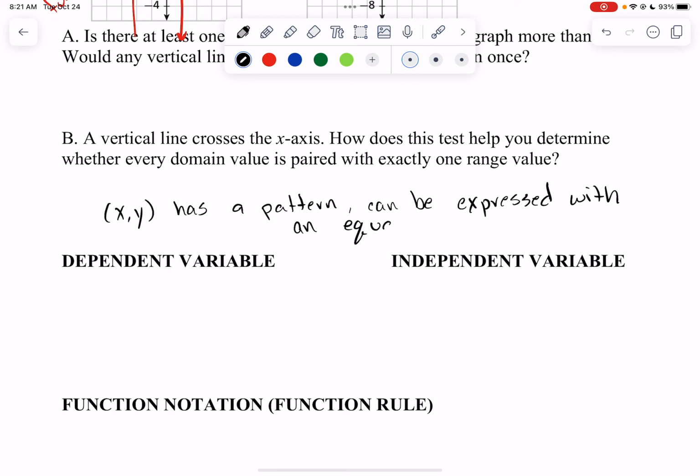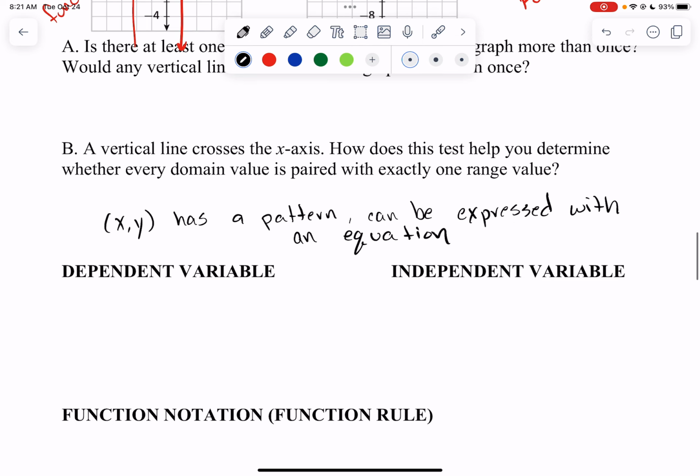And we like things that can be written with an equation because it makes it easier to analyze that pattern. For example, let's say that my output is always one more than my input. I can write it as the equation y equals x plus 1.